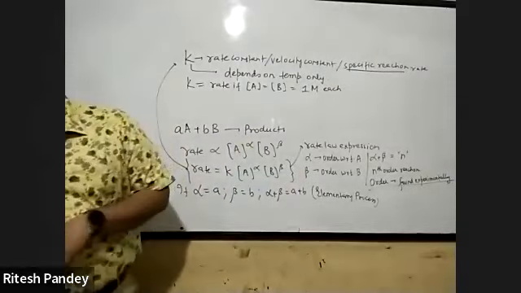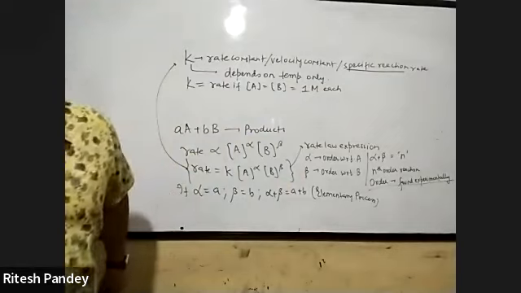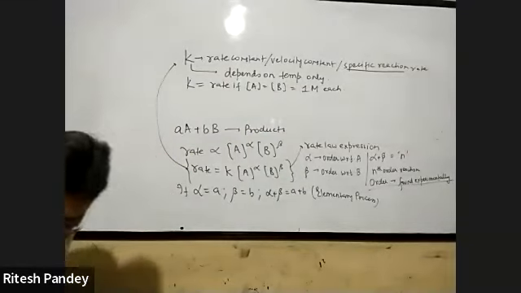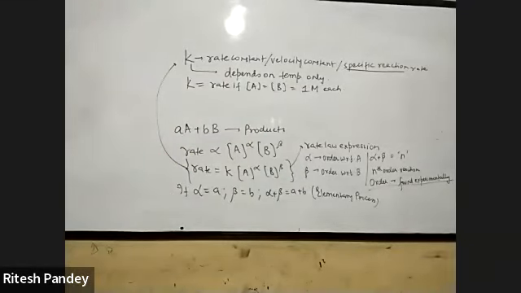How do you define rate constant? You can define rate constant as the rate of a process for unimolar concentration of the reactants. I hope you all are understanding me. Children, say yes or no. Yes, sir.